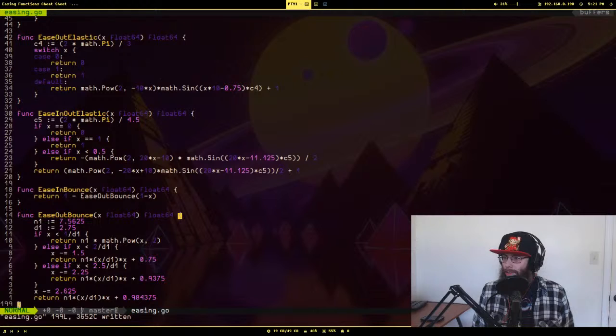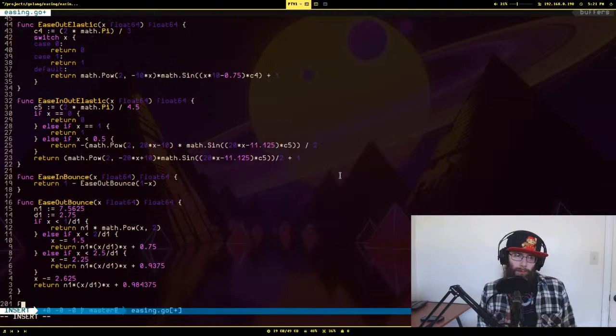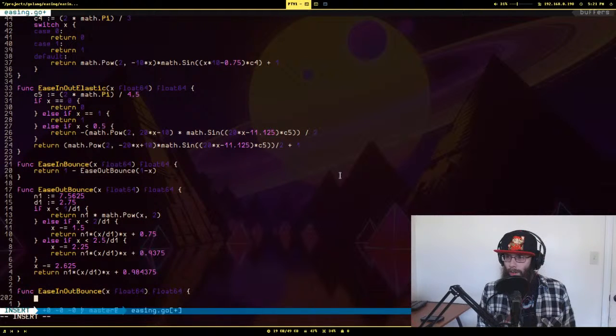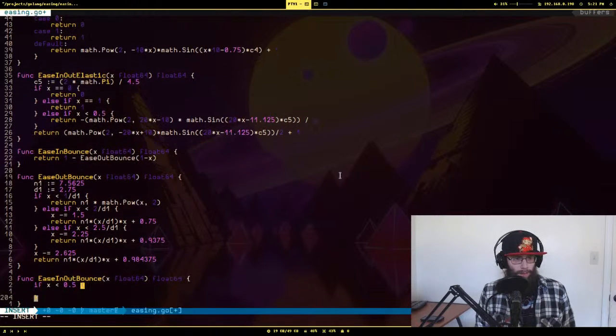Then let's see, ease in out bounce. If x is less than 0.5, return 1 minus ease out bounce of 1 minus 2 times x, divided by 2.